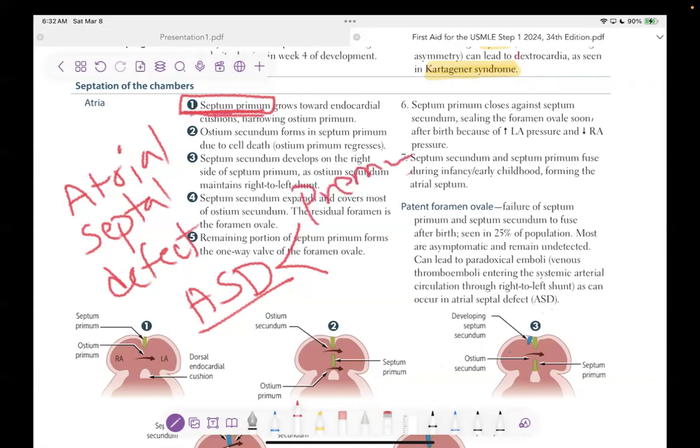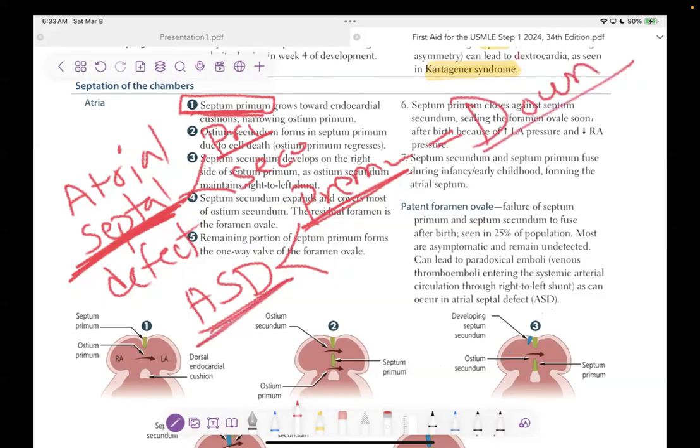It means that if the septum primum is not made, the atrium will have a septal defect. The septum will not be made. How many septa do we have? We have primary septum and we have secondary septum. If the primary septum is not made, this is called ASD primum. And this is very common in which syndrome? In Down syndrome.